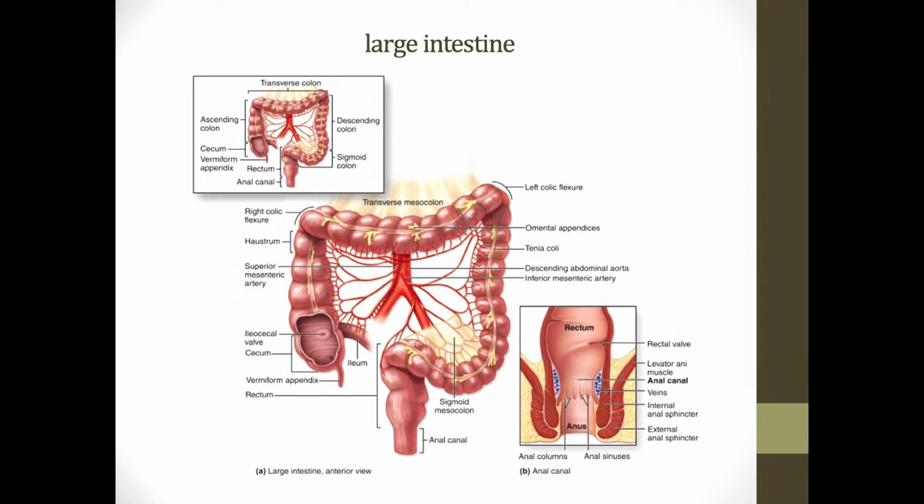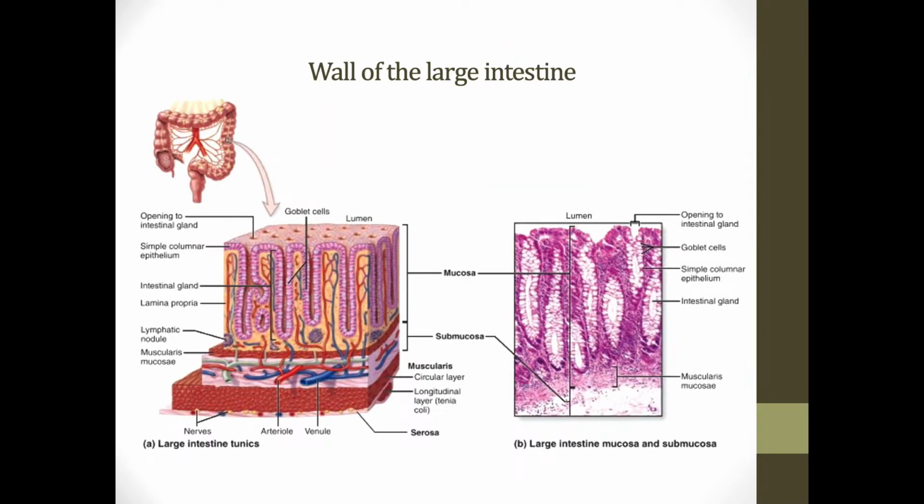Now about the wall of the large intestine: there are no villi here, but the epithelial lining, again simple columnar epithelium, forms glands.